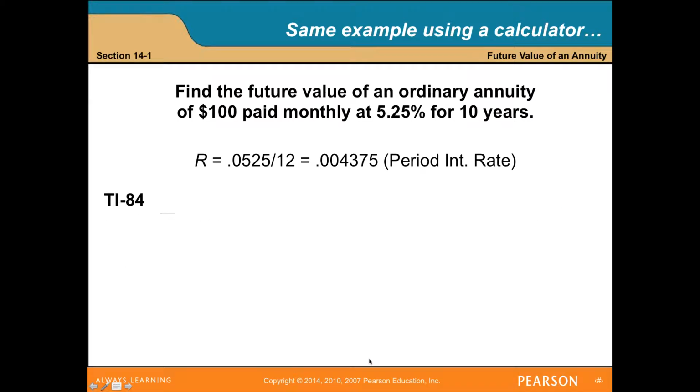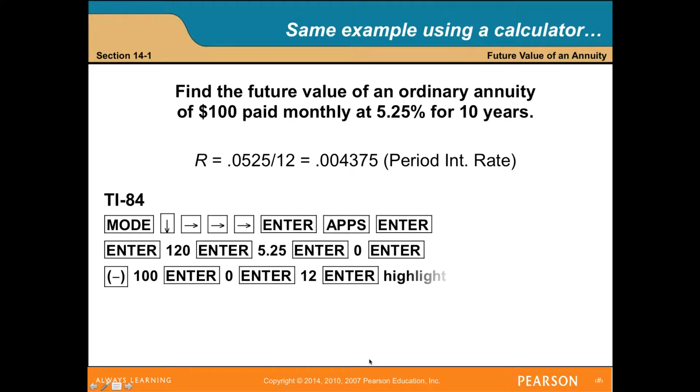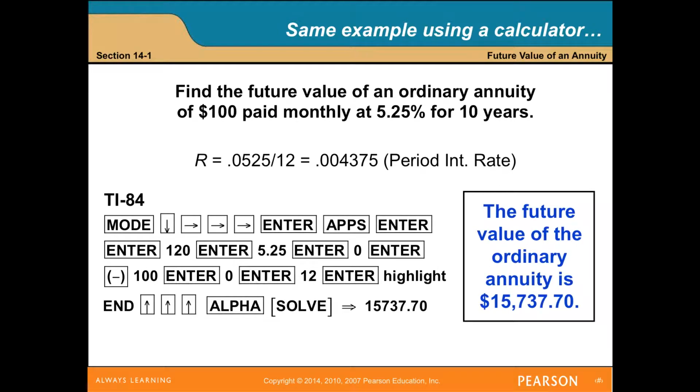All right. If you have the TI-84, which I'm sure none of you have, you put mode down, right, enter, apps, enter, 120, enter, 5.25 for the rate, enter 0, enter negative sign 100, enter 0, enter 12, enter, highlight, and up, alpha, solve, $15,737.70.